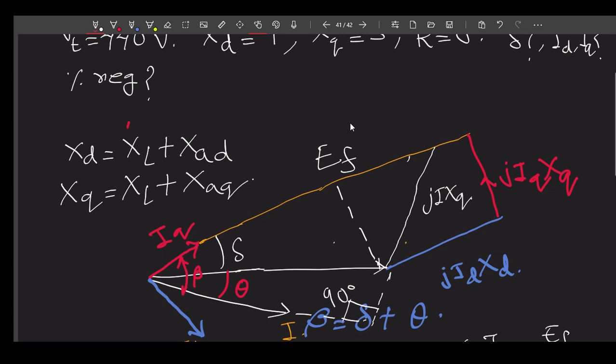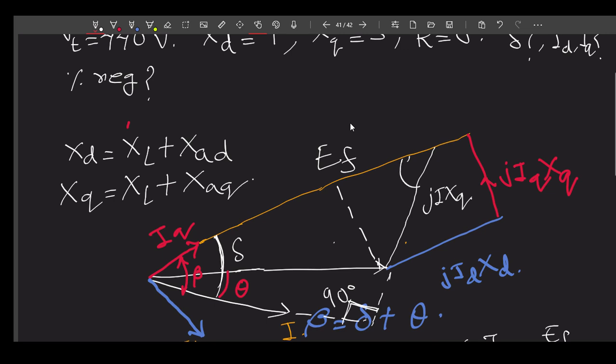Yeah, this is I Xq. So if we draw, this will be 90 degree. This will be angle beta.